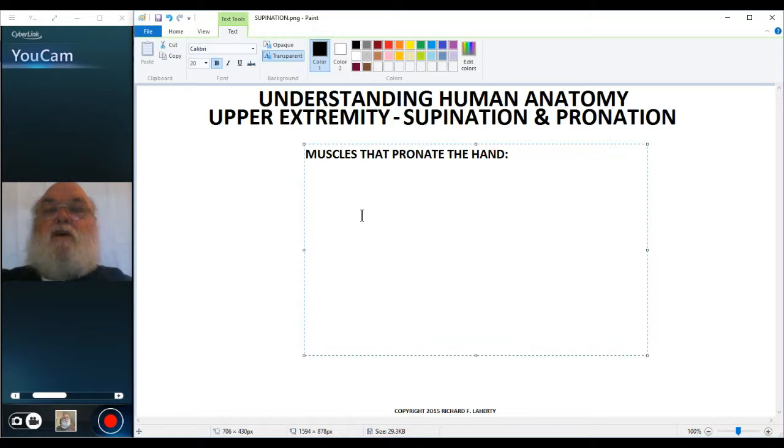the two muscles are pronator teres, and remember that's one of the superficial muscles in the anterior compartment, and besides pronating it is also a flexor of the elbow, so it fits our general rule. And the second muscle is Pronator Quadratus.